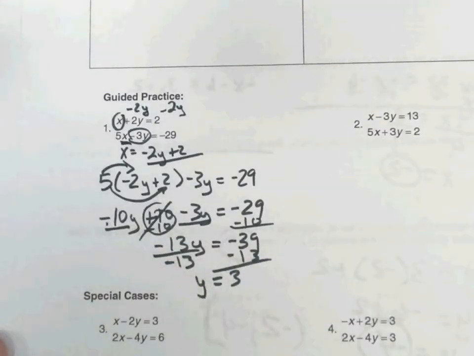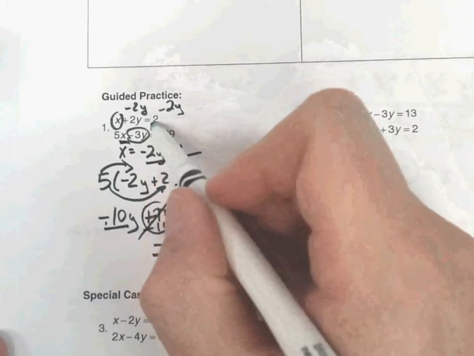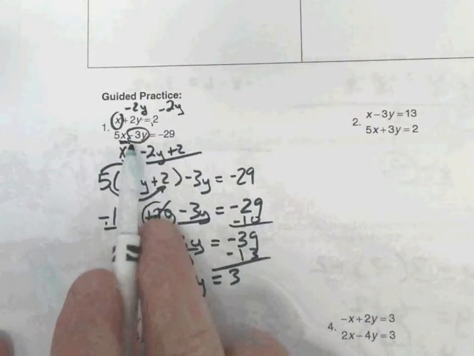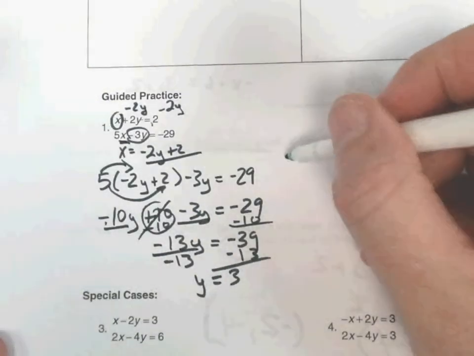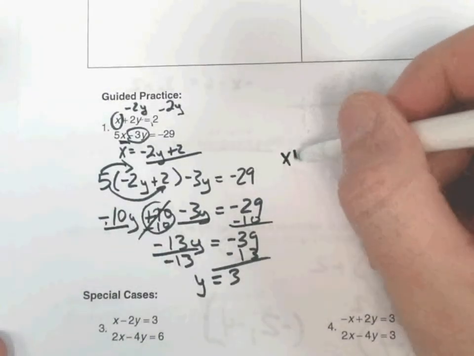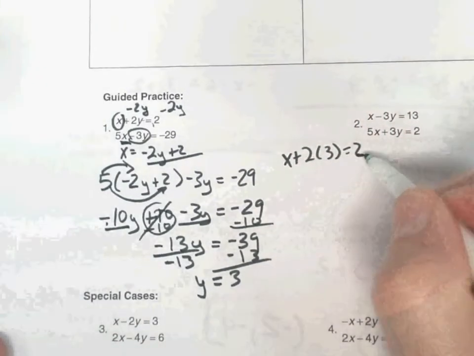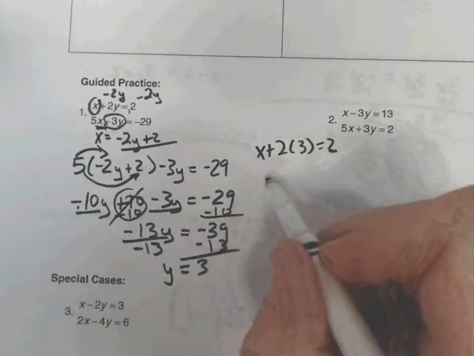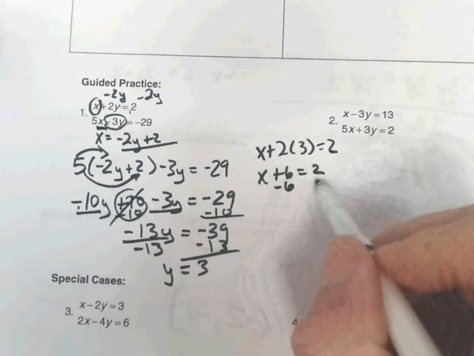Y equals 3. Now I can take this 3 and substitute it back in for a y in either equation. I'm going to use the easiest equation, x plus 2y equals 2. And I'm going to say x plus 2 times 3 equals 2. 2 times 3 is 6, so x plus 6 equals 2.